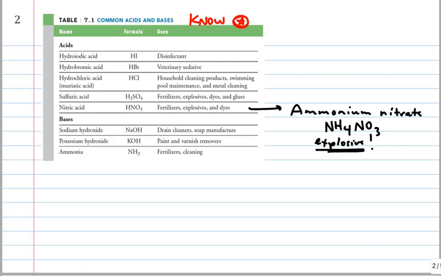And you can Google Oklahoma City bombing in the early 90s, where a federal building was pretty much blown to bits by ammonium nitrate. Alright, again, I just want you to know these acids and what they're used for. I think it's important to know that.